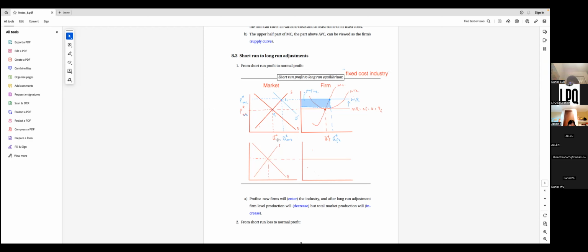In the upper part, I already shifted my demand curve to the right, so I just copy it down. This is E1, and this is E2. Now the market equilibrium is at E2.